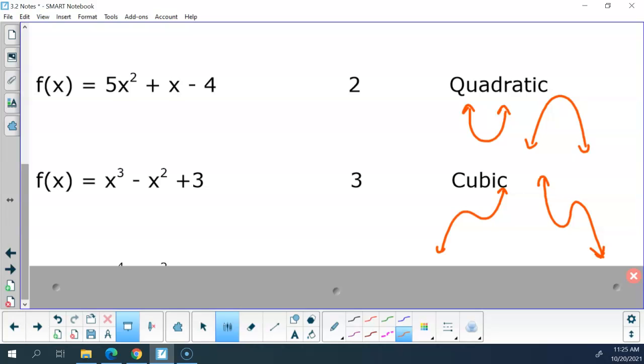They have a hump inside of them, or they have a change in direction. They have a valley and a hump. Depending upon how many terms come after the x cubed term will determine the depth of that hump.